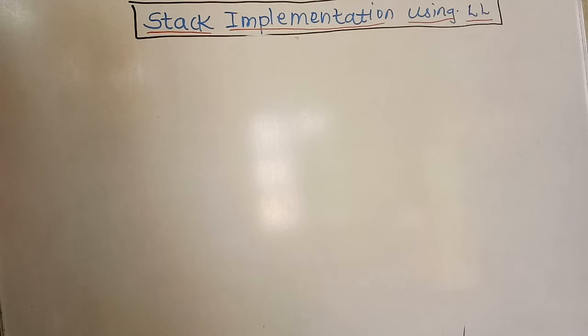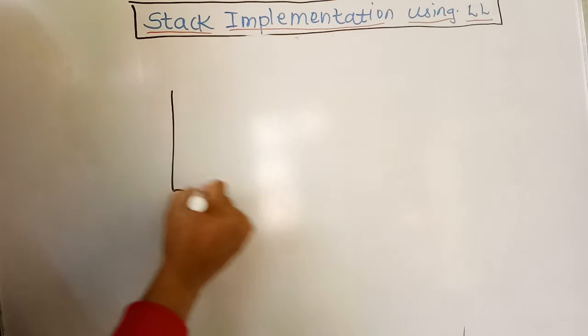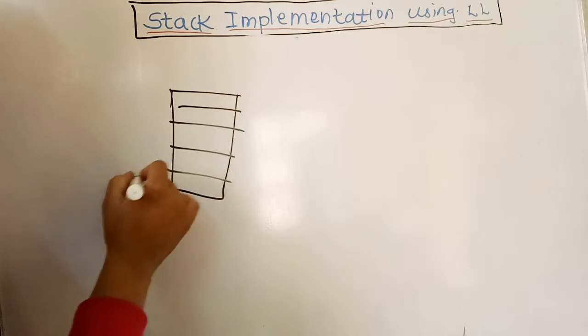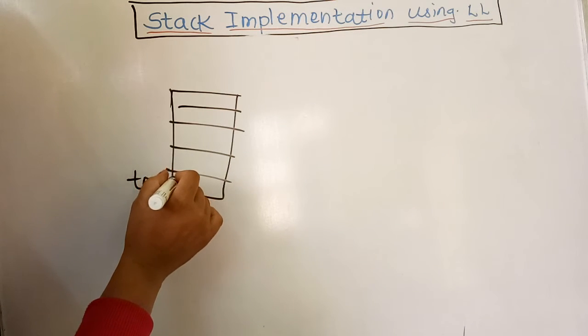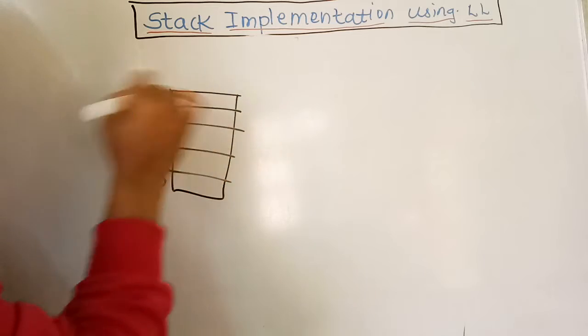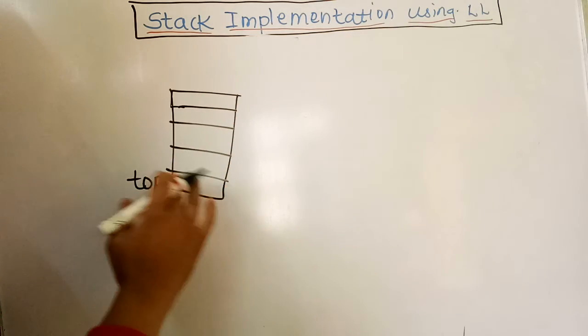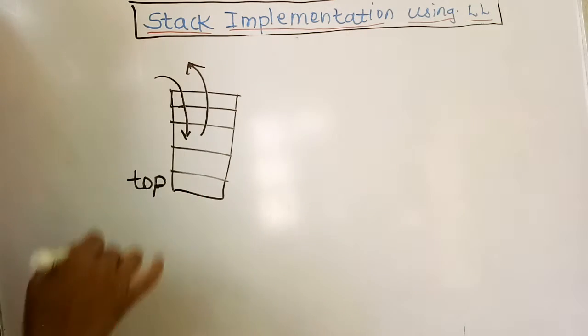Again, there is one more limitation. For example, if you are using the static stack, means a fixed stack, then there is only one top present, and according to that, elements are carried forward or backward. Means elements are inserted from the same end and deleted from the same end.